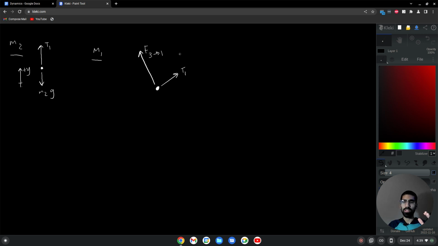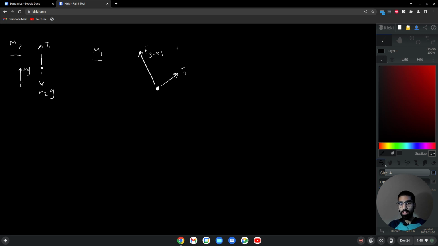We have to note here, it's not always going to be the case that the tension on this block is the same as the tension on this block just because they're attached to the same pulley. So we can't always assume this is the case. The only reason we can assume this here is because the pulley is massless, so we know it's not going to rotate, and we're going to talk about that rotation case a little bit later.